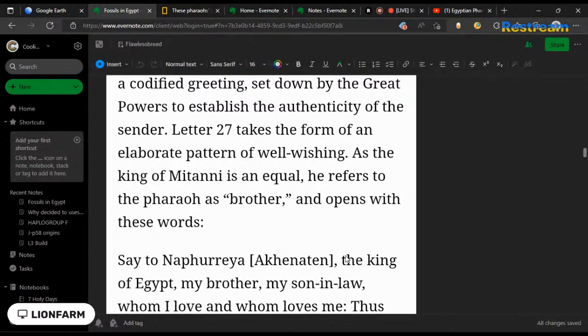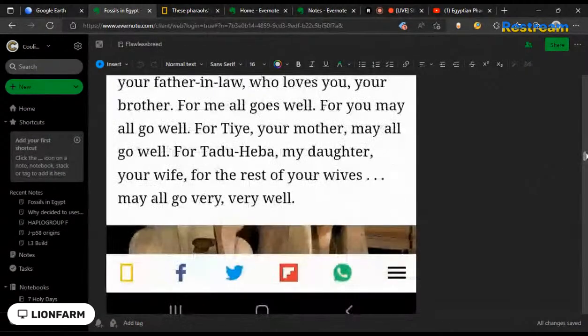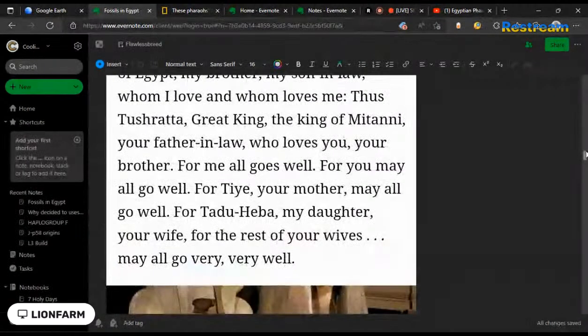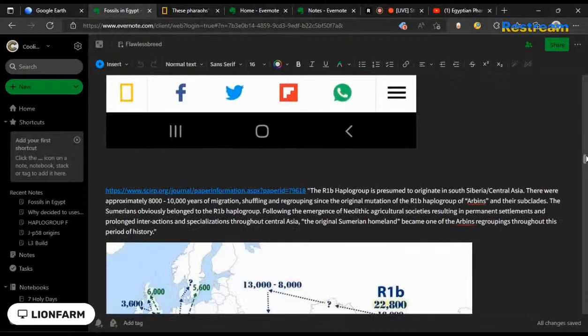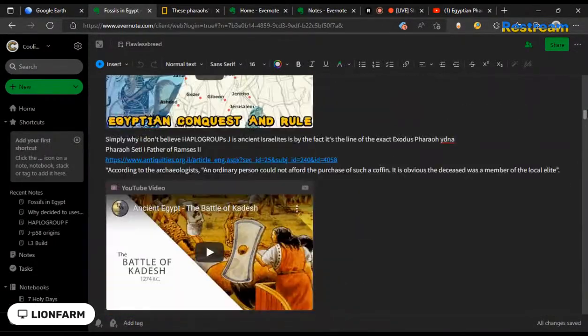You can see right here when he's talking to Akhenaten, the king of Egypt, he says, "My brother, my son-in-law," whom I love, and things like that. That's important. So we should find some interesting connections when we're thinking about Egypt getting ties with the upper nations, other nations, and they start to get some very interesting ties with each other.